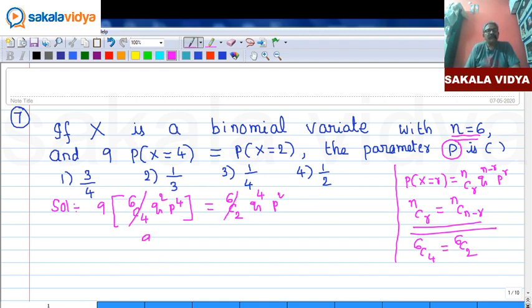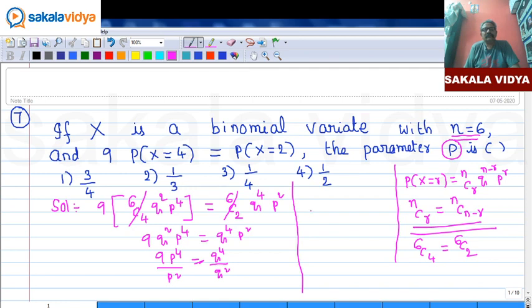We have here 9q square p power 4 equals q power 4 p square. This we can write like this. So, 9 p power 4 by p square equal to q power 4 by q square.